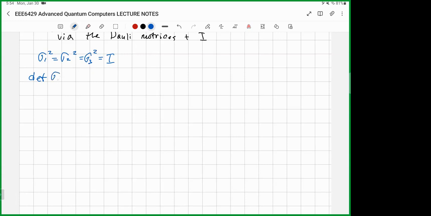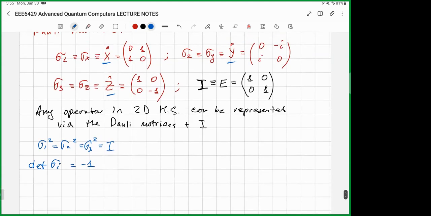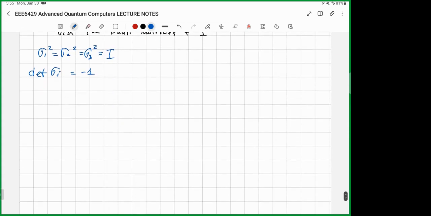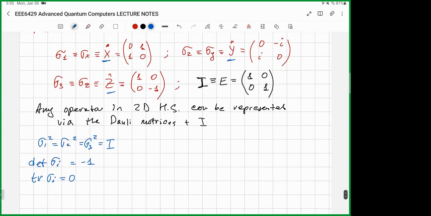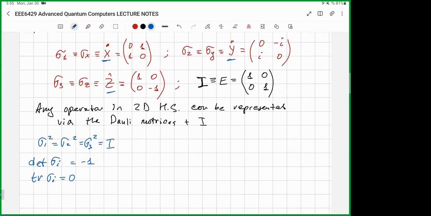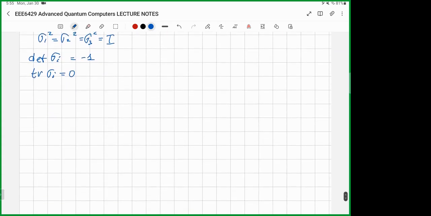The determinant of the Pauli matrices is equal to -1, also easily seen from their definition. And another property is that the trace of all these matrices is equal to 0. Again, very easily seen. For example, for Z, 1 plus -1 gives you 0.